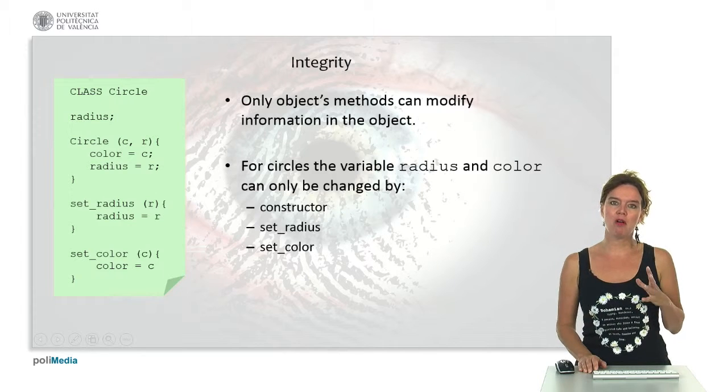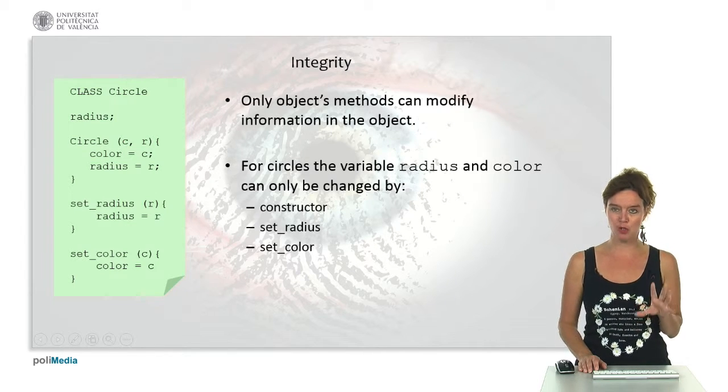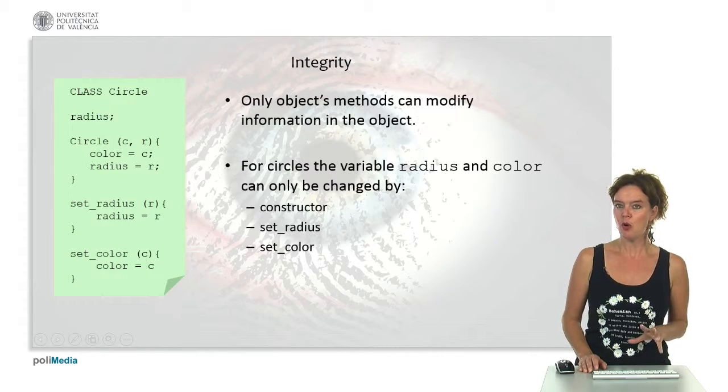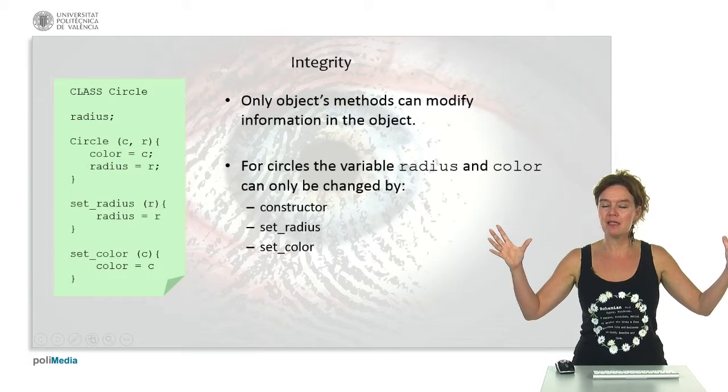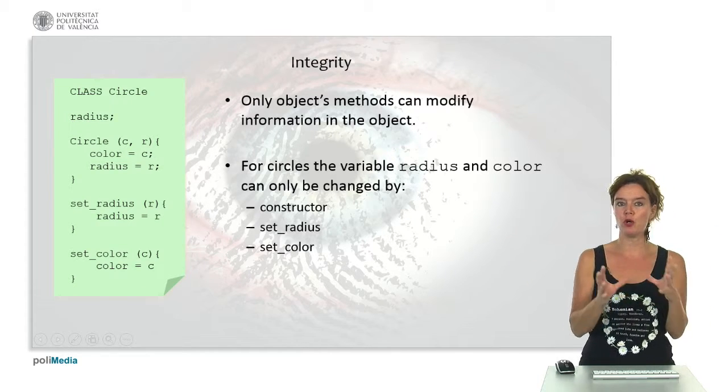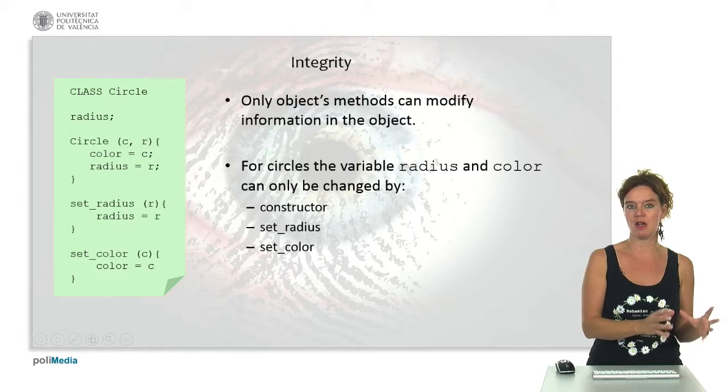Integrity is because only the methods of the object can modify the variables in it. So it means that not everybody can touch these variables, only through the invocation or the calling of the methods in the class.